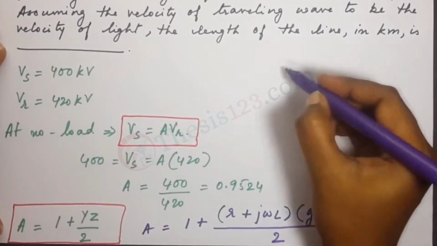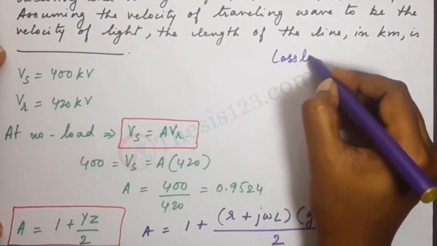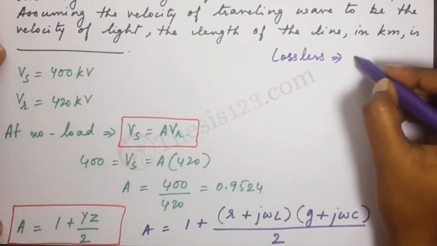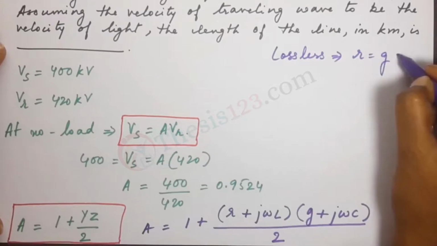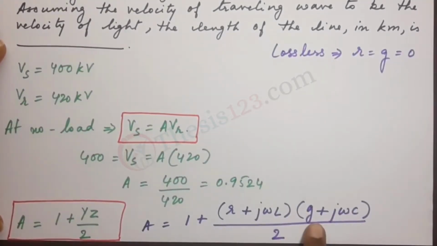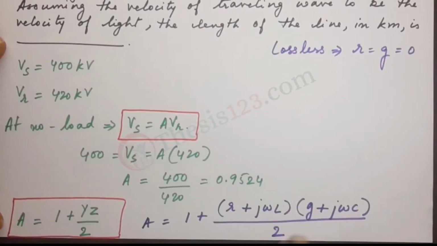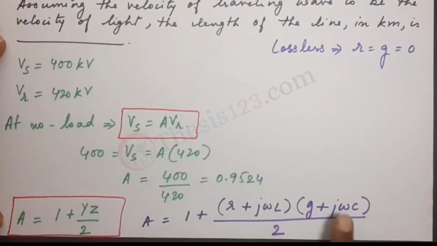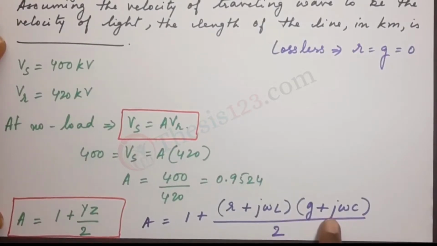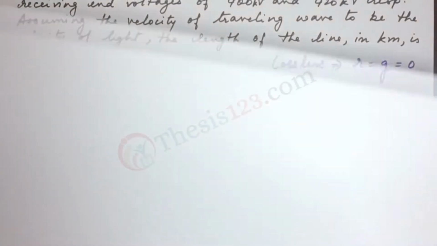Now for a lossless power transmission line, R and G will be 0. So if R and G are 0, we would be left with 1 plus J omega L times J omega C divided by 2. And J square is anyway minus 1, so we can just substitute that.